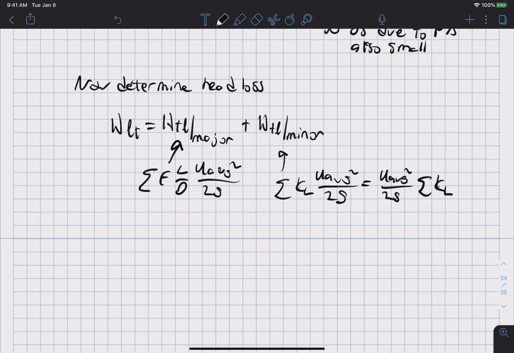Okay, so for this we have 4 90-degree elbows with K_L equal to 1.5.